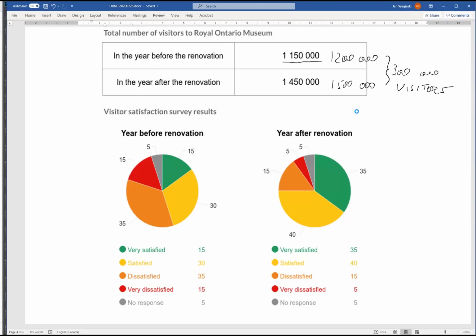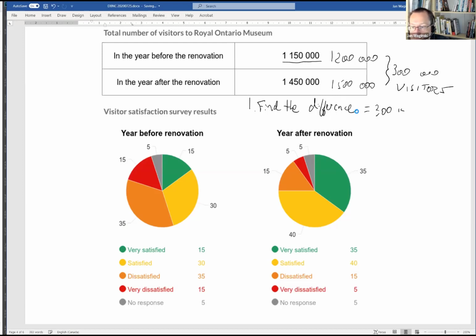Right. Oh, sorry, minus. Yeah, so find the difference. Sorry, I keep interrupting you. So hang on, first step, find the difference. So that's 1450 minus 1150 equals 300,000.